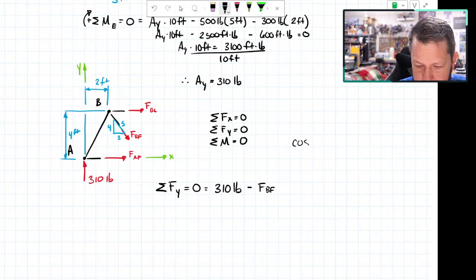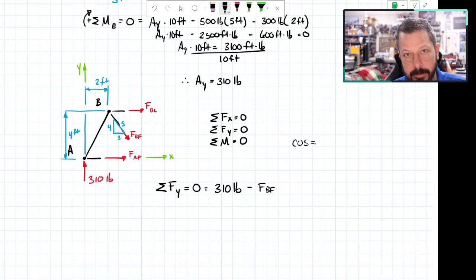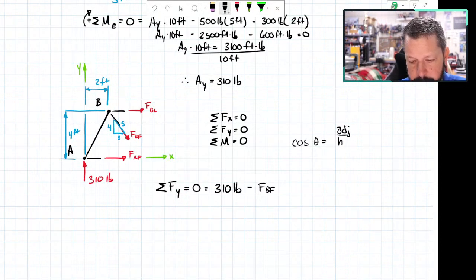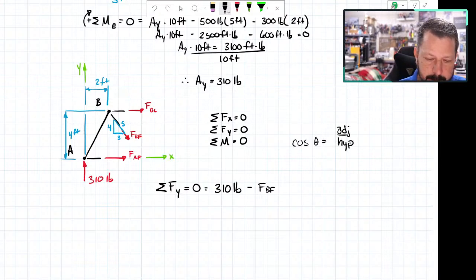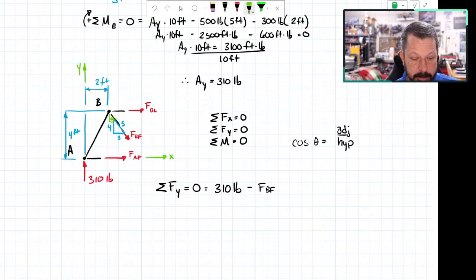The definition of cosine of theta is equal to the adjacent side over the hypotenuse. If I'm thinking of this angle here being theta, the adjacent side is 4 and the hypotenuse is 5. So 4/5 is the value of cosine theta.